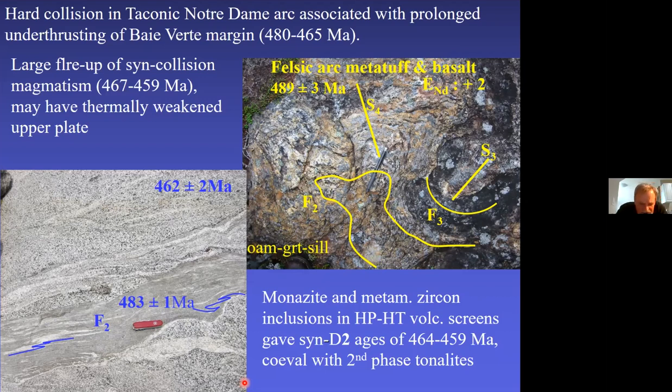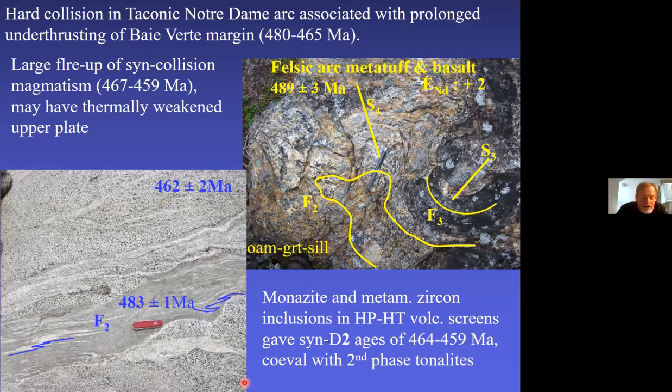On the left side, we see the plutonic equivalents of those volcanics. We see tonalites here, which have an age of 483 plus or minus 1 million years. They are highly deformed and metamorphosed, and they get intruded by middle Ordovician tonalites and quartz diorites, which are undeformed, at 462, and that suite ranges from about 467 to 459, and they're coming in during the deformation.